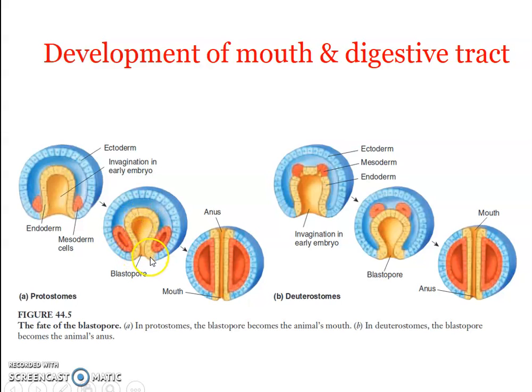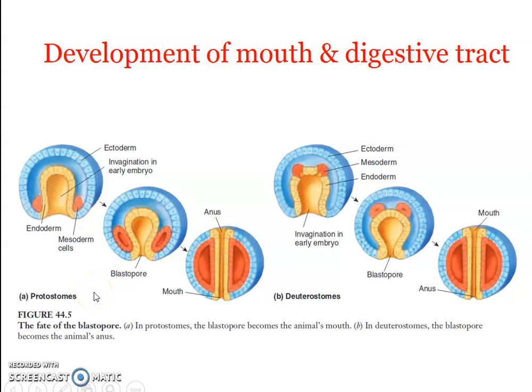In the later stages, this blastopore develops into the mouth. So the first developed opening of the digestive tract in protostomes is the blastopore, that is, the mouth, and the anus is developed from a pore which is developed later. So the mouth is developed earlier than the anus in protostomes.